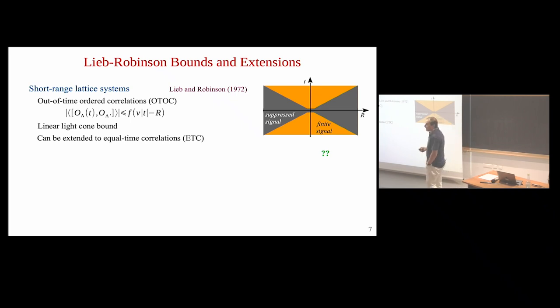So what is known about this kind of problem? In particular, there are some bounds that are usually called the Lieb-Robinson bounds that, by definition, bound the propagation of correlations of different kinds in this system. The typical picture in a short-range system is that the propagation will be linear.